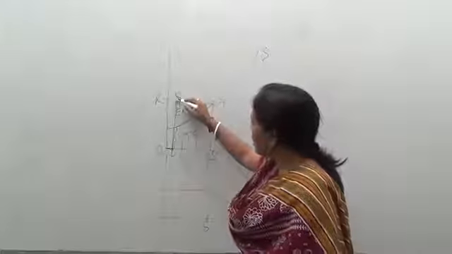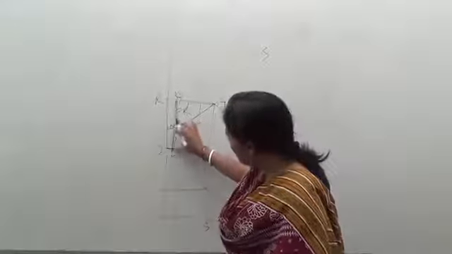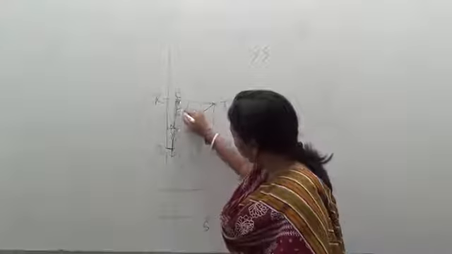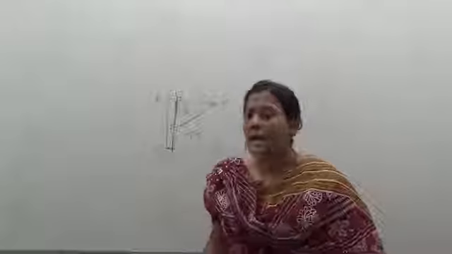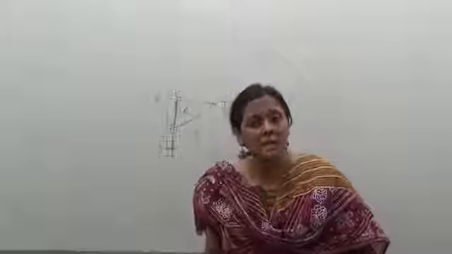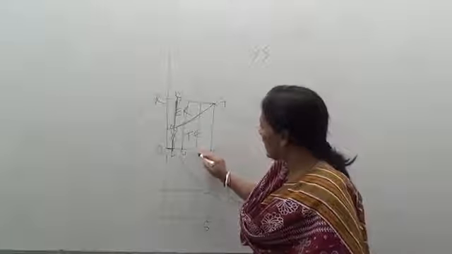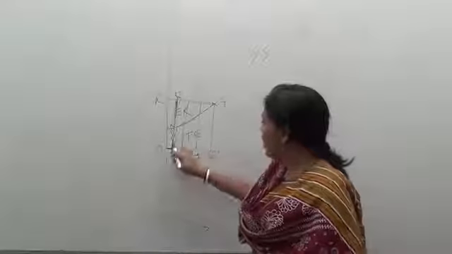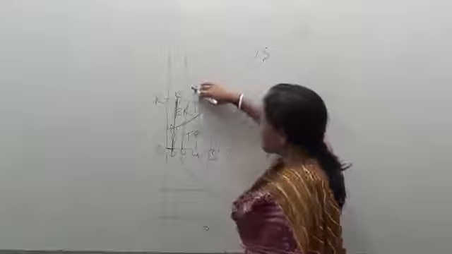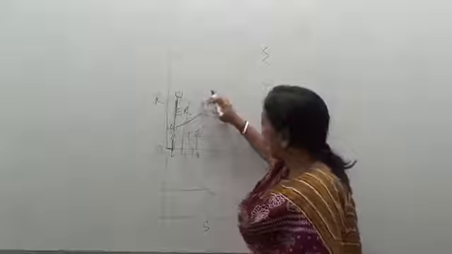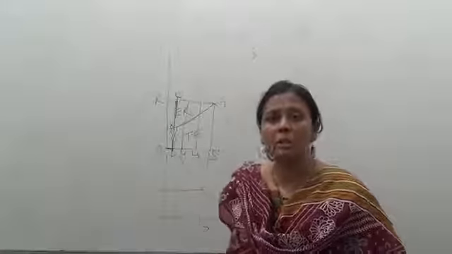Suppose it is NL. When this part is subtracted from the total revenue, what is left back is QM, and this is the economic rent section. Similarly, if we go on with L1, L2, up to S, all this section of resources is utilized, and this is the revenue section. From the revenue, when we subtract the transfer earning, whatever is left back is called the economic rent.